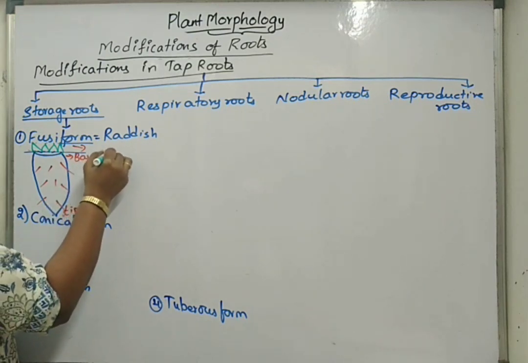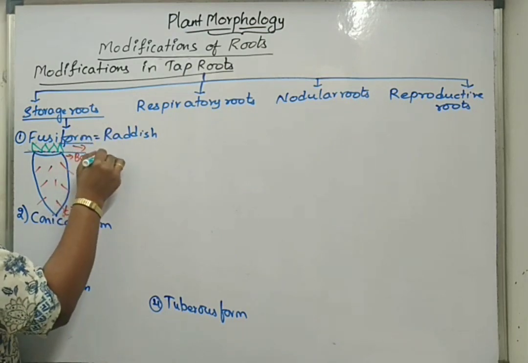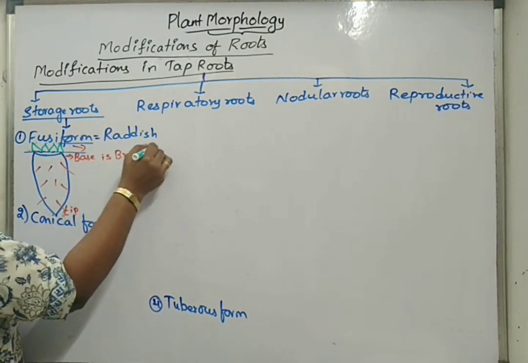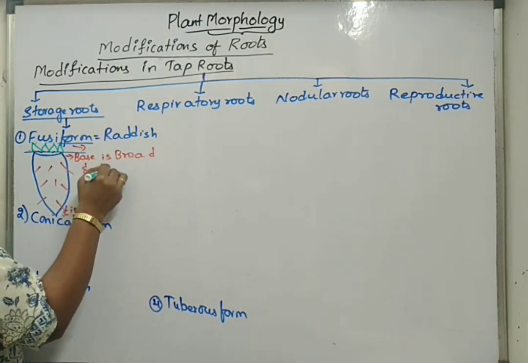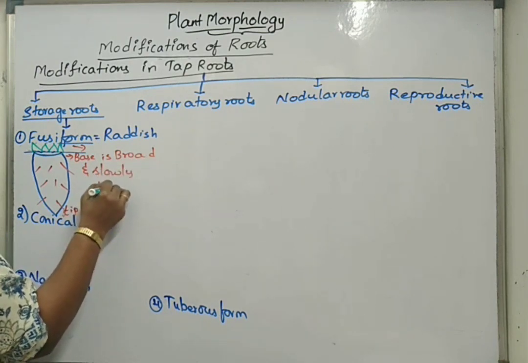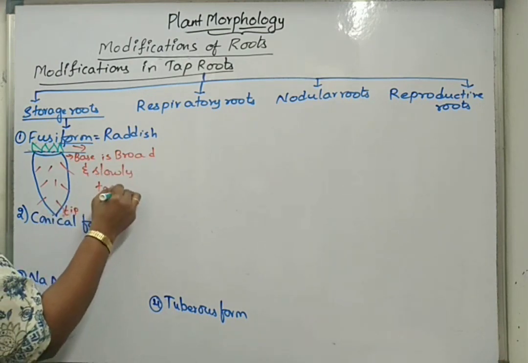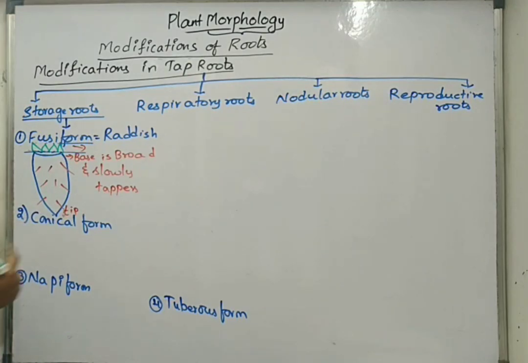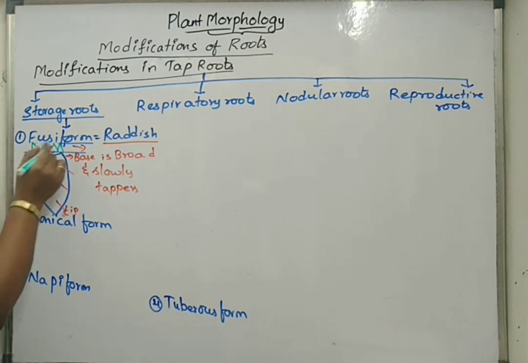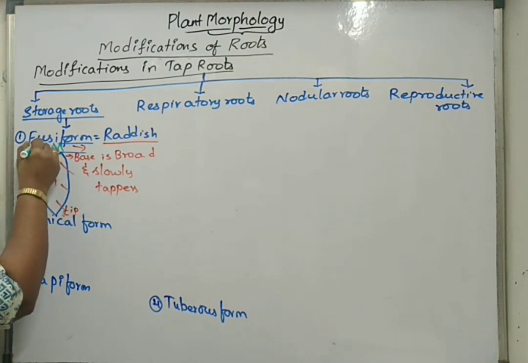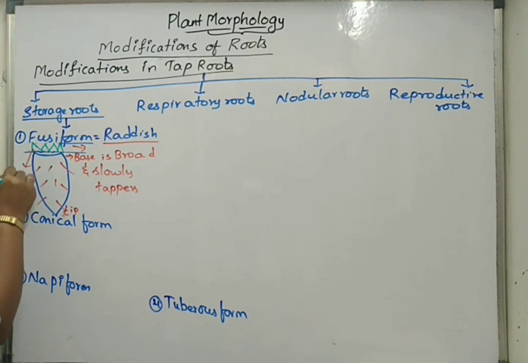Base is broad and slowly tapers. Tapers means it becomes narrow. So example under fusiform of storage root modification is radish. It is having root hairs. And these green color structures are leaves.